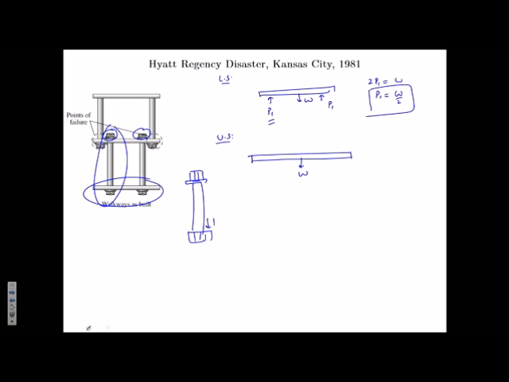So this is being pushed on by force P1. That means this should be pushed up by force P1 too for the whole thing to be in equilibrium, right? Same forces. So which means that the forces from these nuts on the upper skyways are P1 too, right?